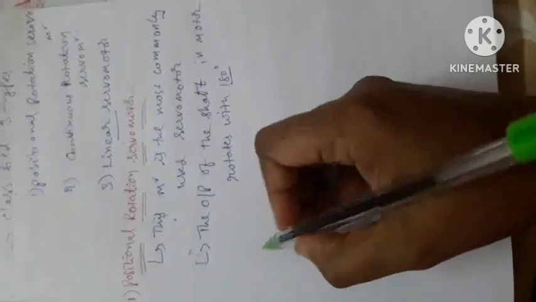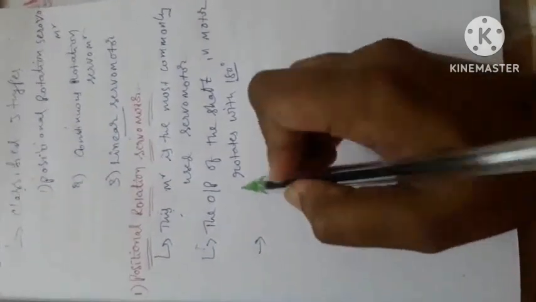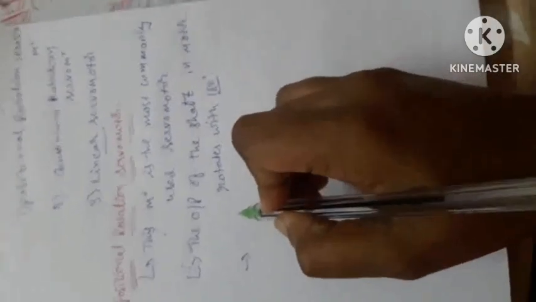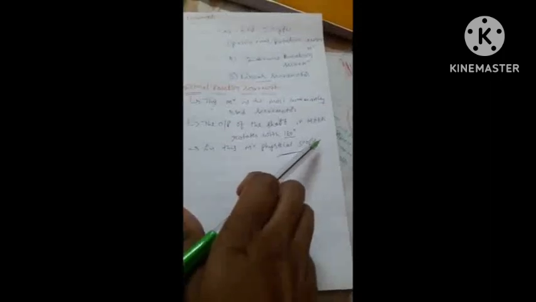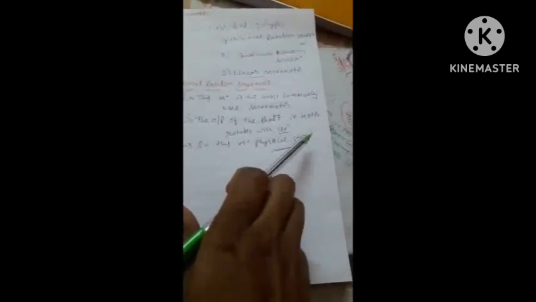The last point regarding this is that in this motor physical stops are used. What is meant by physical stops? Physical stops are placed in the gear mechanism to prevent rotating outside, to protect the rotation sensor.